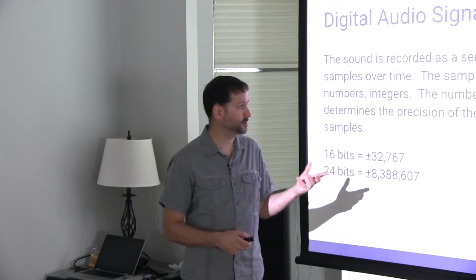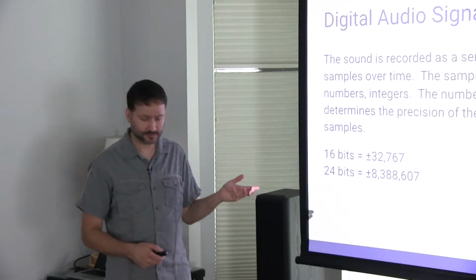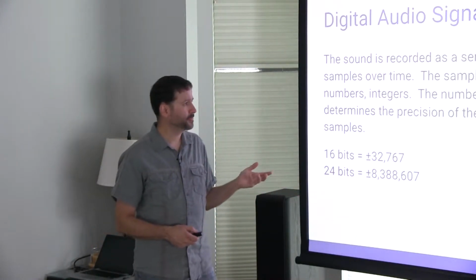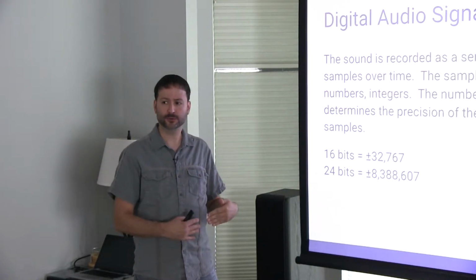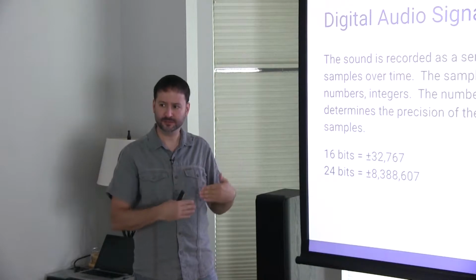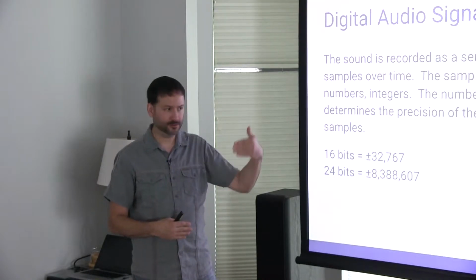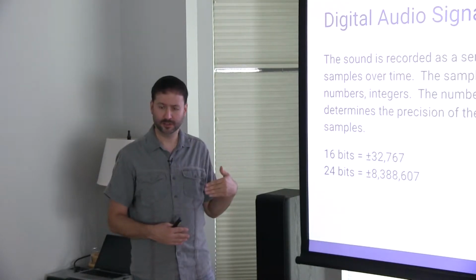These numbers are what are called samples, and as you can kind of see from the graph, the recorder's job is to keep taking samples very fast over the time of the recording.